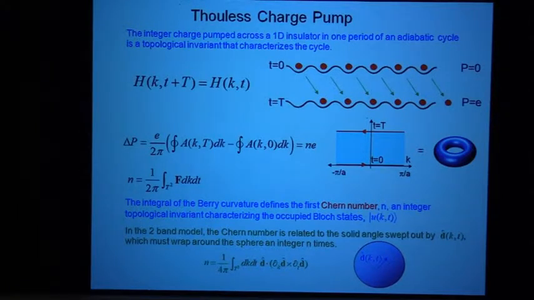If I took two families of Hamiltonians, one where I shift 1 unit of charge to the right in this period, one where I shift 2 units of charge to the right in this period, and I try to adiabatically connect the two, or find a family of transformations from one to the other, do I have to pass through a gapless state? Yeah, I think so. You can't change 1 to 2 continuously.